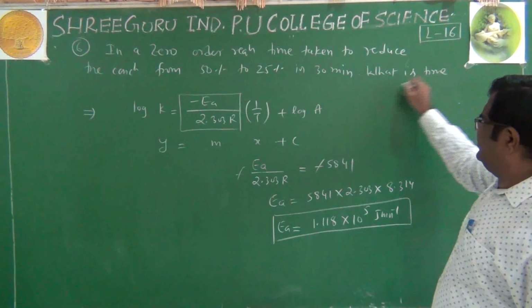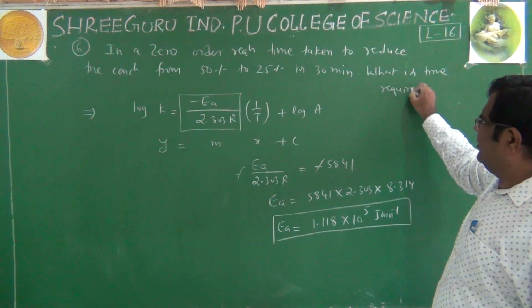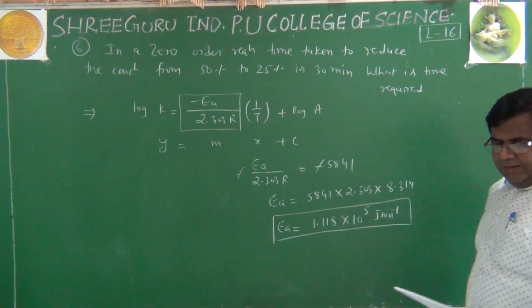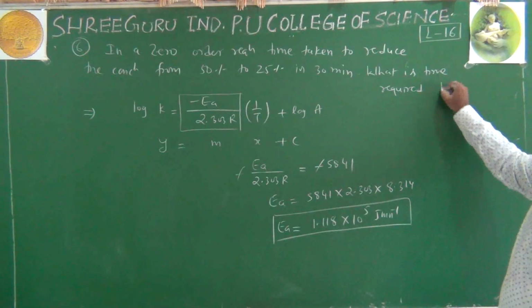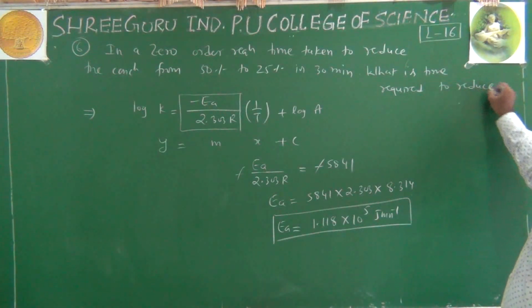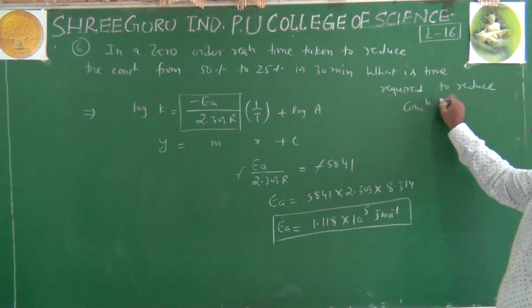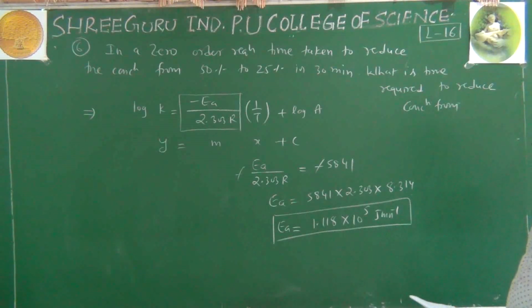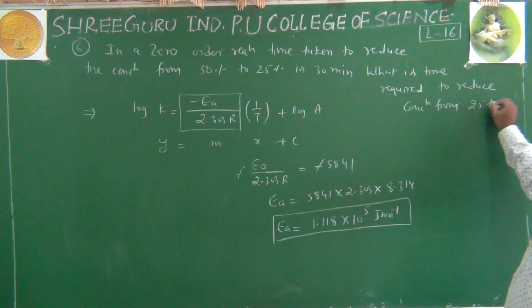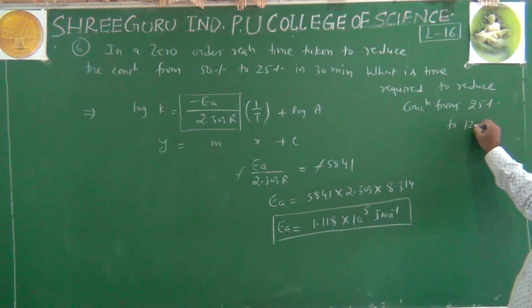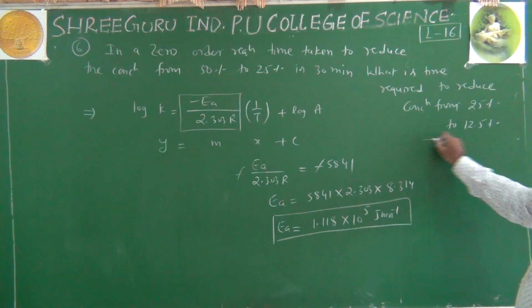What is the time required to reduce the concentration from 25% to 12.5%?